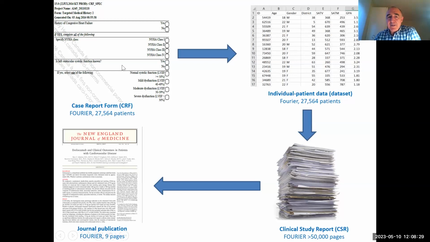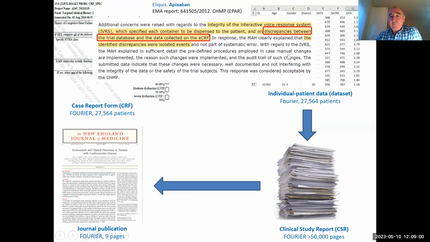And if we get back to the case report form, we can tell that we never get this information, but it would be really important to do so. Why? Well, because first of all, we have no guarantee that the information in the case report form, that is the primary information in the clinical trial, is faithfully transcribed into the dataset. And from time to time, you can read things like this.